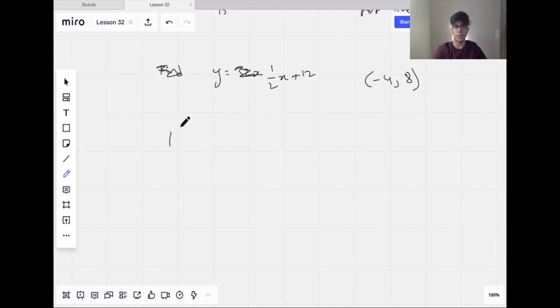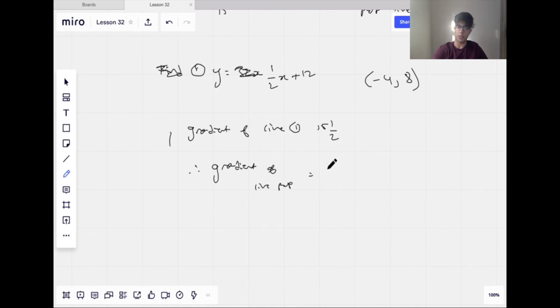Okay, so the gradient of this line, line 1, is a half. So what's the gradient of the line perpendicular to this, the perp line? Well, that's a half, so you do the negative reciprocal, which is minus 1 over that number, so minus 1 over a half, which is minus 2.